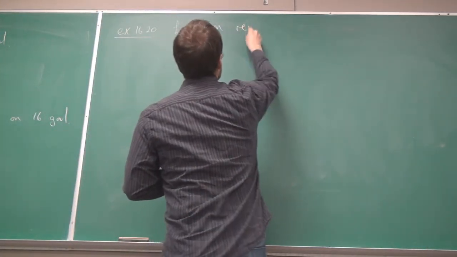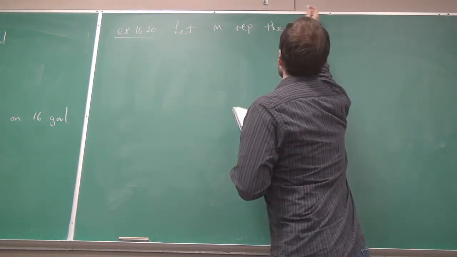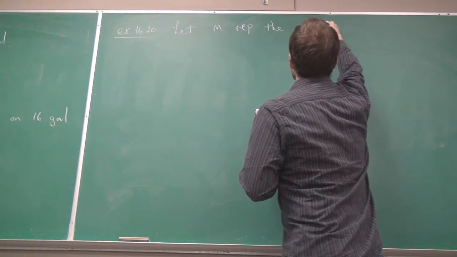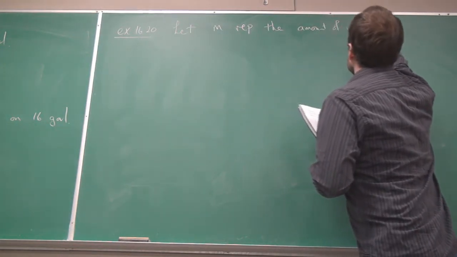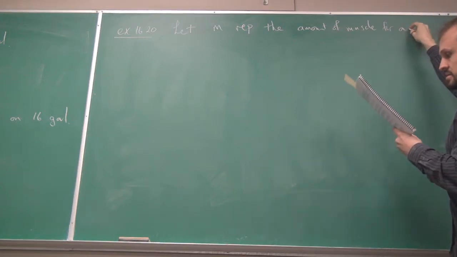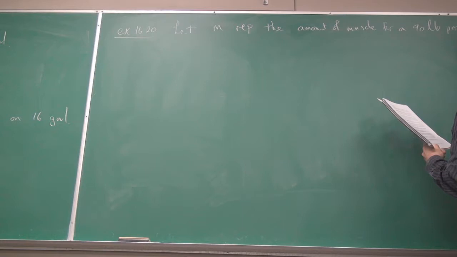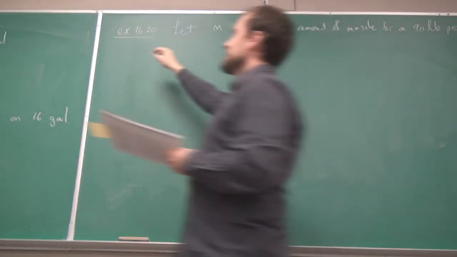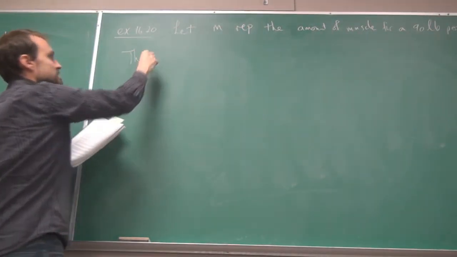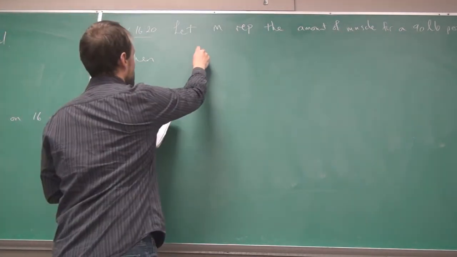Let M represent the, let's say, amount of muscle for a 90-pound person. Then I have 2 pairs that correspond to each other.